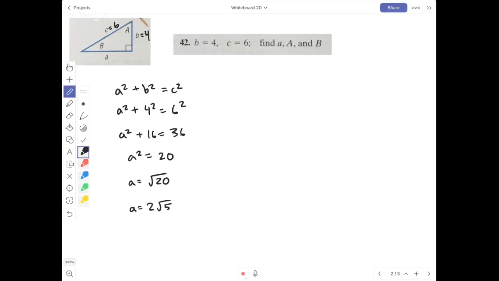The real meaning of the word opposite is probably in the inverse. So you shouldn't try to memorize with the word opposite, because really the opposite of sine is inverse sine or arc sine. The opposite of cosine is inverse cosine or arc cosine. And the opposite of tangent is the inverse tangent or arc tangent.